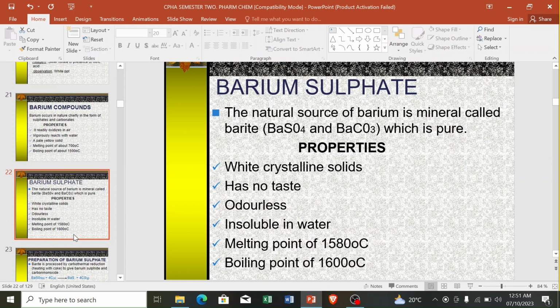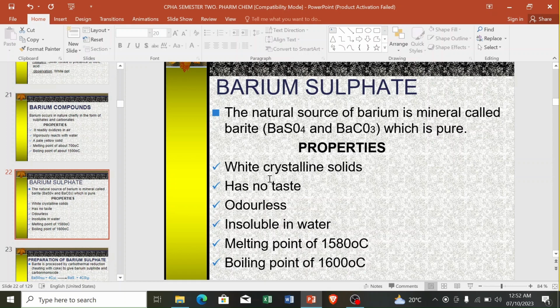Since it exists as sulfates and carbonates, we are going to look at a compound of barium, that is barium sulfate. The natural source of barium is a mineral called baryte, which contains barium sulfate and barium carbonate.